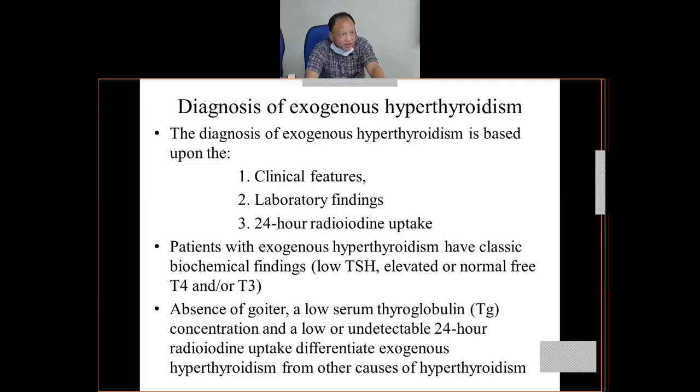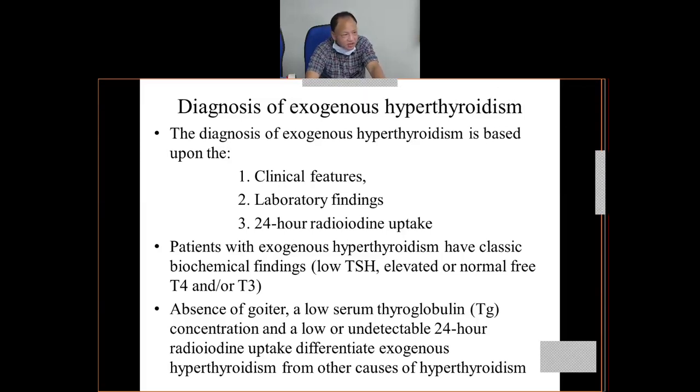That means clinical features are the same as the other causes of hyperthyroidism, and laboratory findings are the same. However, the absence of a goiter, low thyroglobulin, and low iodine uptake is usually seen only in exogenous hyperthyroidism.